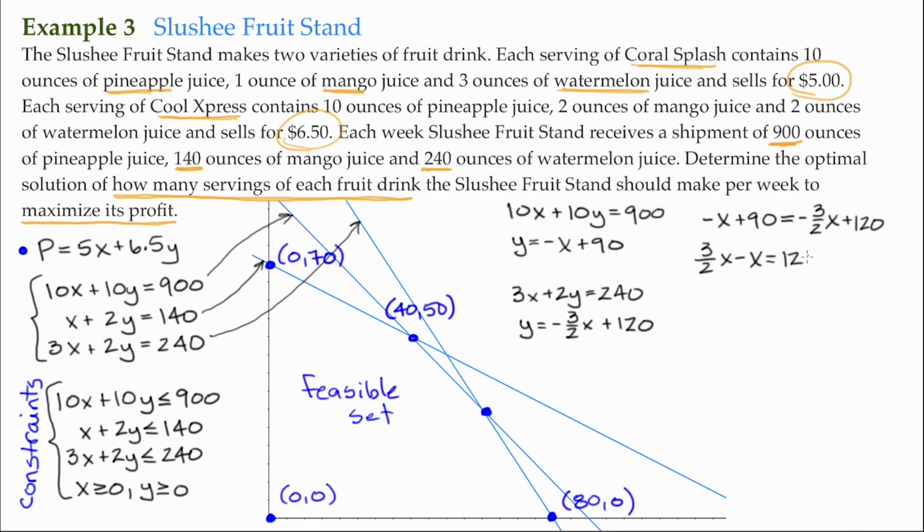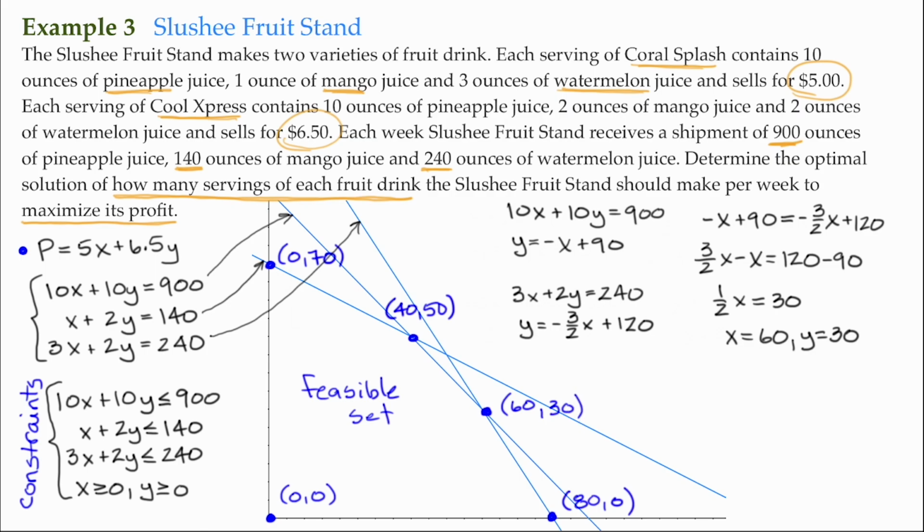That's going to be 120 minus 90. 3/2 x minus x, that's 1/2 x. 120 minus 90 is 30. X has got to be 60. We then take this value, we can plug it in right here. Negative 60 plus 90 is 30. So the coordinate for right here is 60 and 30.